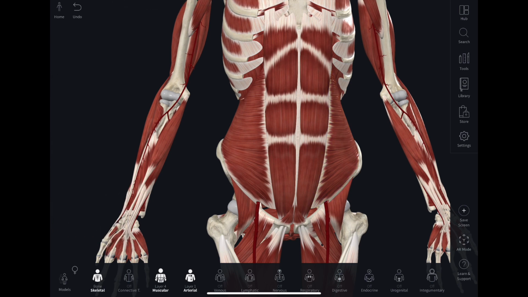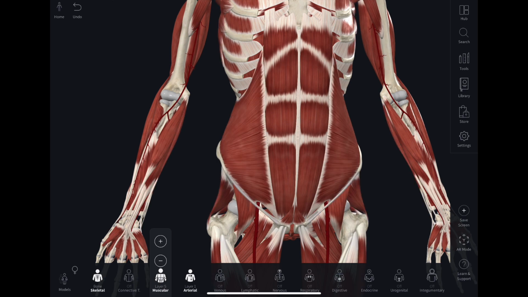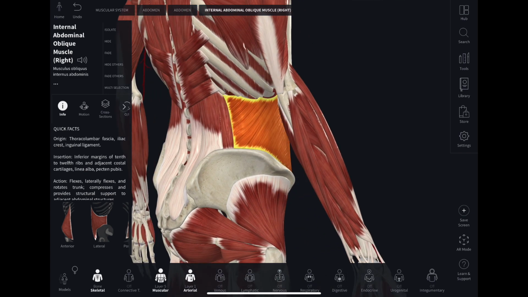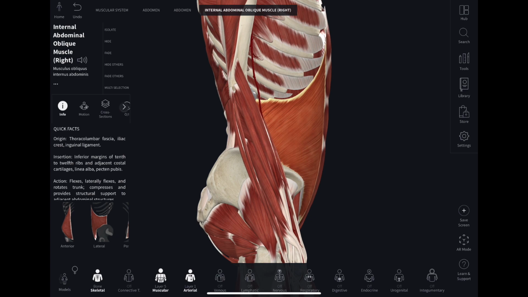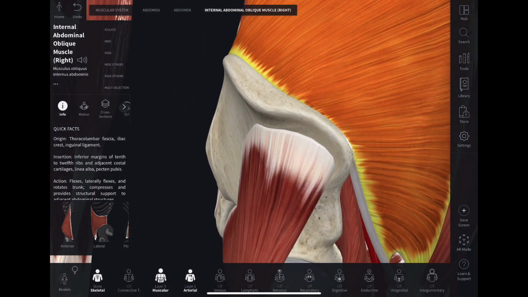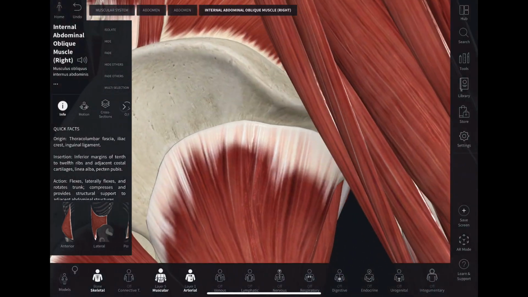The next muscle that we will go over would be the internal oblique, and that would be this muscle right here. This muscle's origin is going to be the iliac crest of the ilium, which you could see right here. Right here, the ilium.